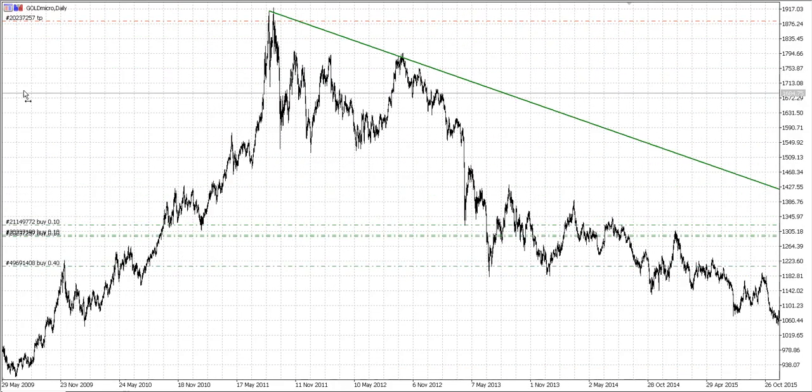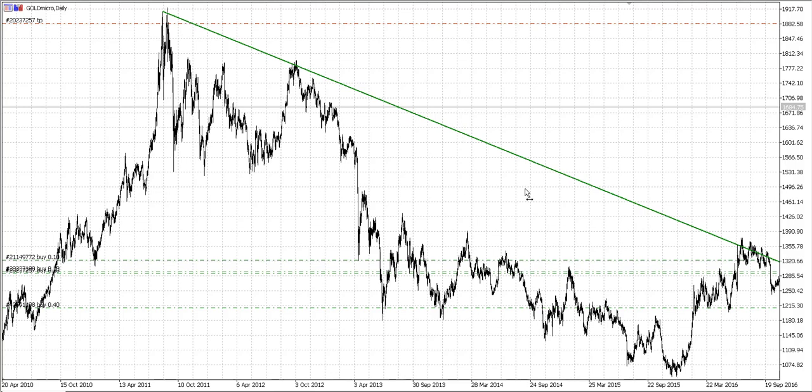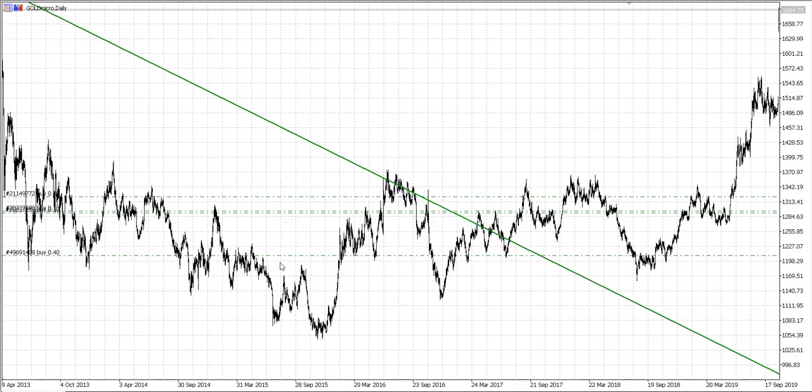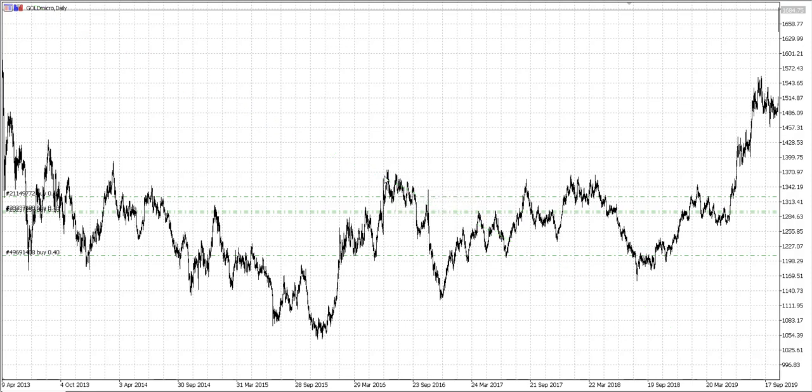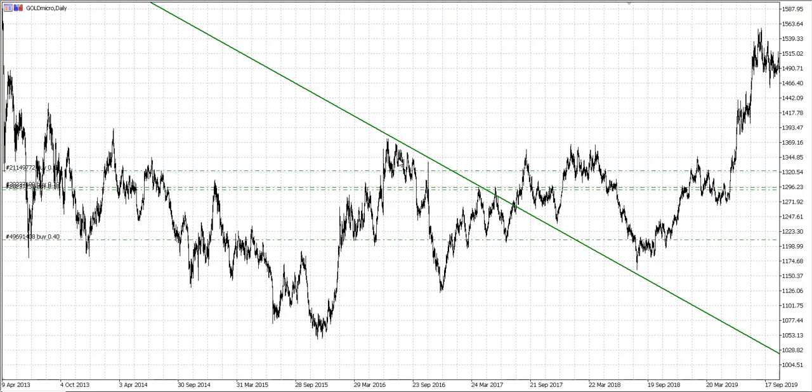Now let's go back to the daily chart. This is our major time frame. So it kind of broke out. I want more confirmation in this, just playing around with this. It kind of broke out the trend line and it went down. So I don't have my confirmation yet.